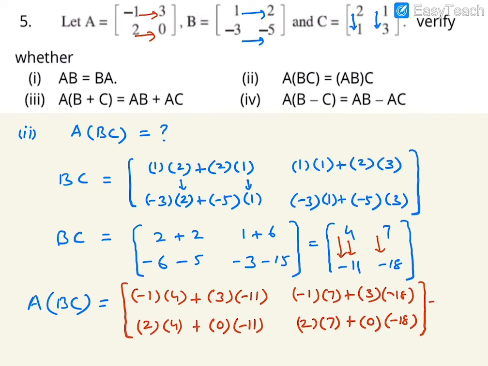So finally you will get negative 4 and minus 33 will be minus 37, minus 7 and minus 54 will be minus 61, and 4 times 2 is 8 plus 0 will be 8, 7 times 2 is 14, 14 plus 0 will be 14. So this is the answer of A into BC.